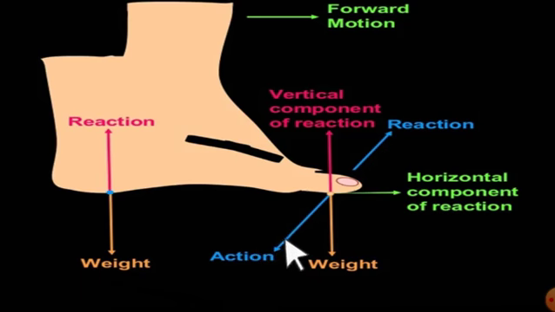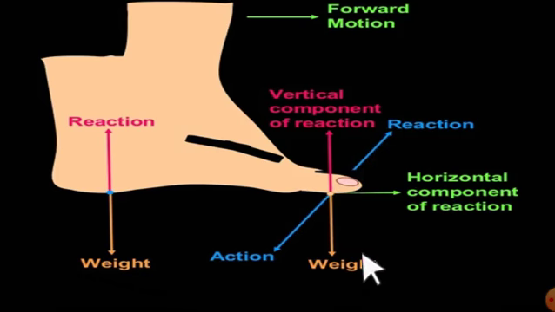And opposite to it, there will be a reaction given by the earth onto the leg or onto your toe, as shown here. So let's take it that the toe gives force onto the earth in this direction, whereas the reaction will be equal in magnitude and opposite in direction. So it will be along this line but in the opposite direction. That will be the reaction.